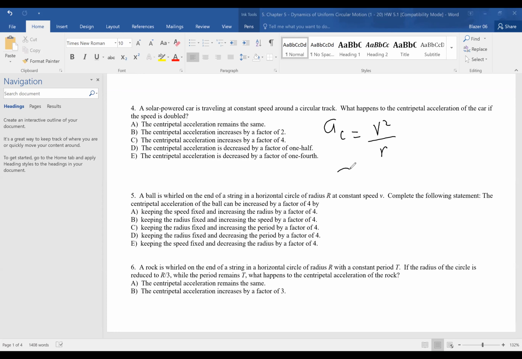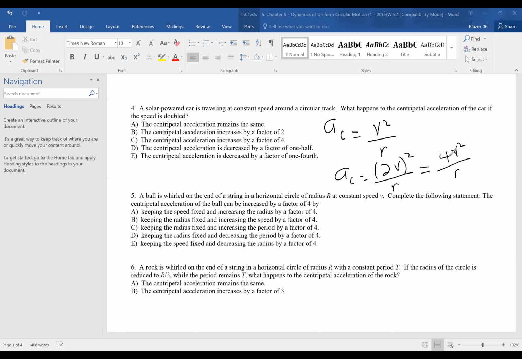So that means that when I double the speed, rather than having v, I have 2v. So 2v has to be squared over r. So when I square that, of course, I get 4v squared over r.